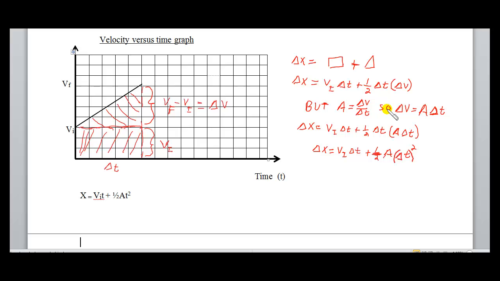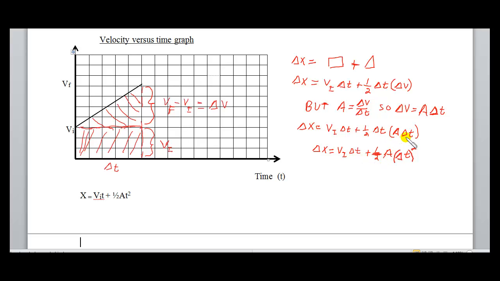Solving this for delta v, multiply both sides by delta t, and I get a times delta t. Now I'm going to substitute this expression right up here for delta v. I'm going to substitute a delta t, and this is what I get down here. So now my equation for displacement is v i times delta t plus 1/2 a delta t squared.